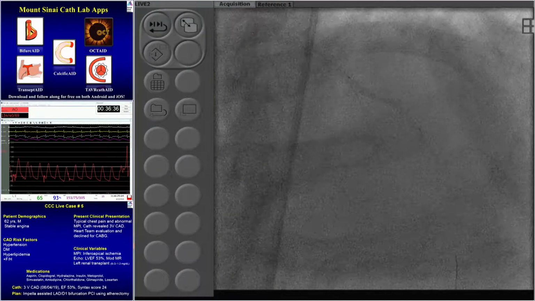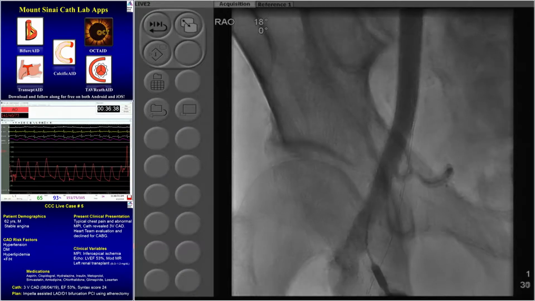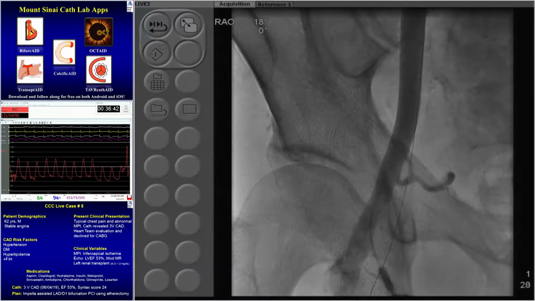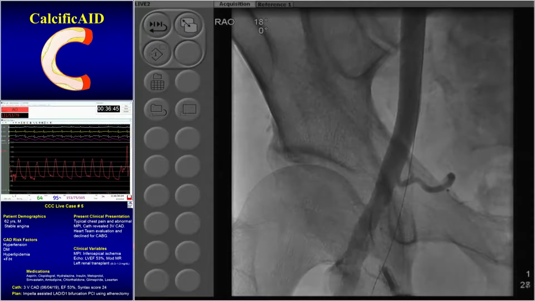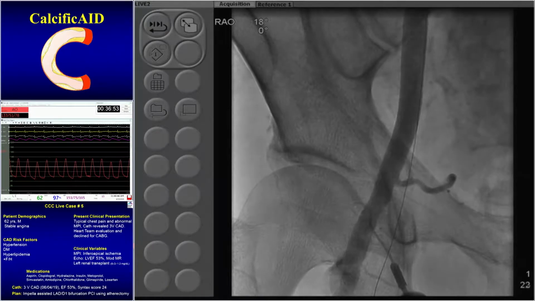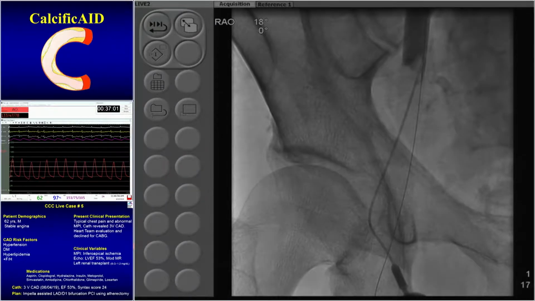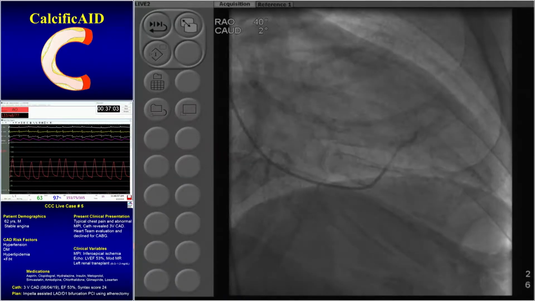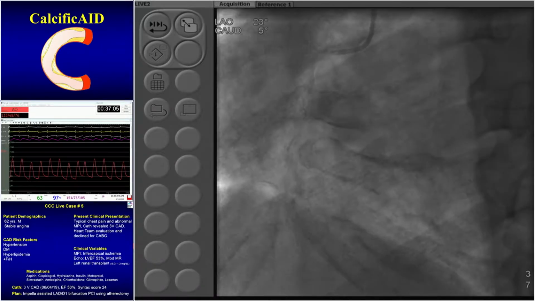Let me quickly tell you, this is case number 5, a 62-year-old male. This patient was admitted a few weeks ago with chest pain, and cath revealed 3-vessel disease after a positive stress test. The patient has a kidney transplant, and a good ejection fraction, EF 53%, with a good LV and a very small amount of dye.